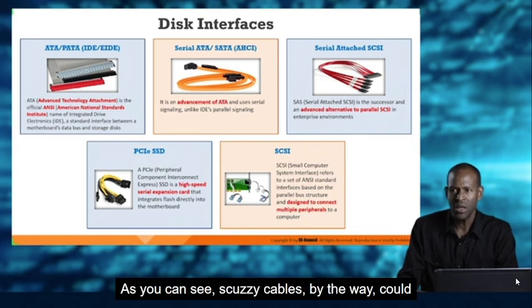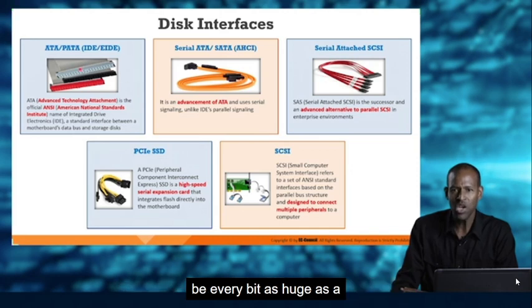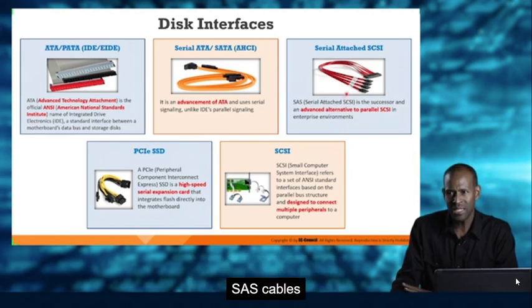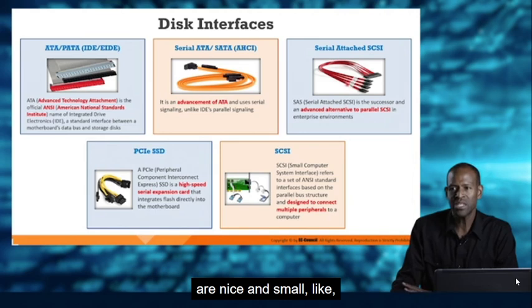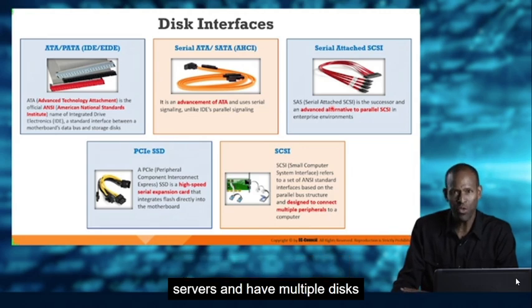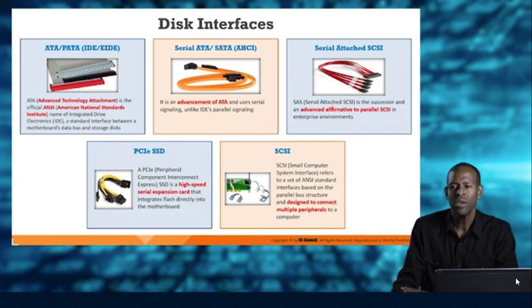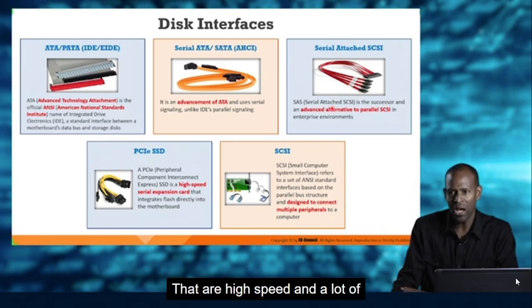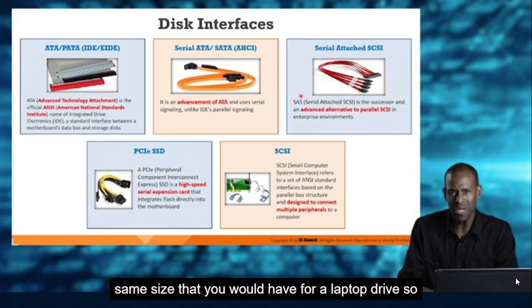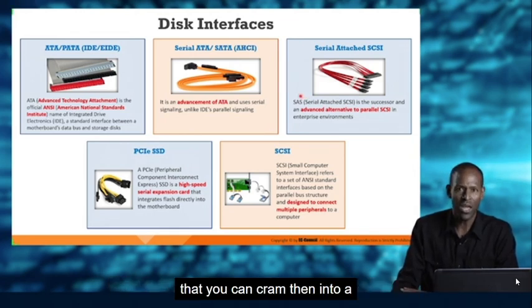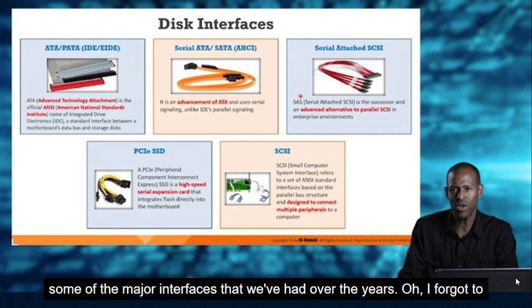And as you can see, SCSI cables, by the way, could be every bit as huge as an ATA PATA IDE cable, but SAS cables are nice and small like SATA cables, meaning that I can have very thin line blade servers and 1U servers and have multiple disks on that server that are high speed, and a lot of SAS drives are almost about the same size that you would have for a laptop drive, so that you can cram them into a server chassis. So those are some of the major interfaces that we've had over the years.